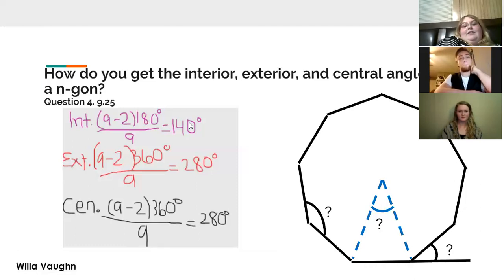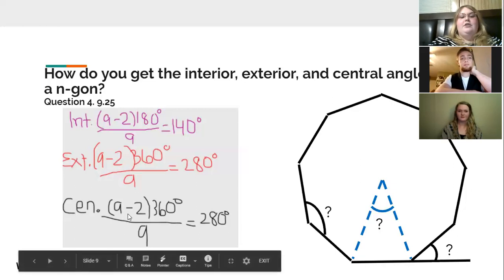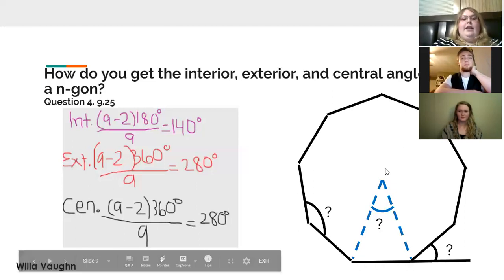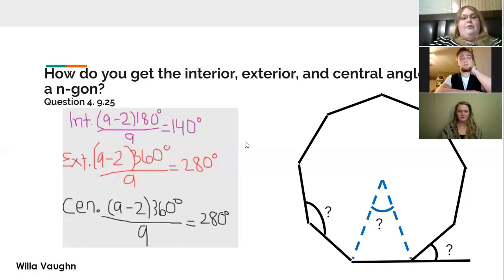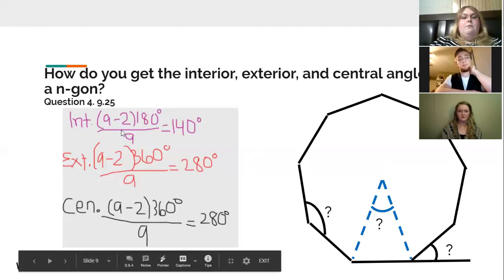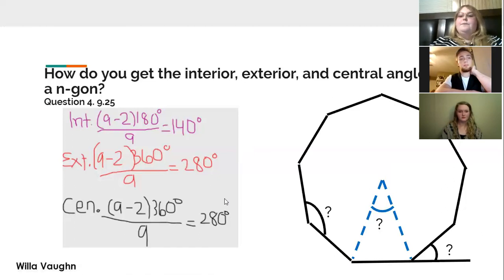And so that's the interior angle equation, but the exterior and central angle equations have a 360 because it's the whole circle. It's not just the one angle. And so they both will equal the same answer because they have the same equation, 280 degrees in this case.